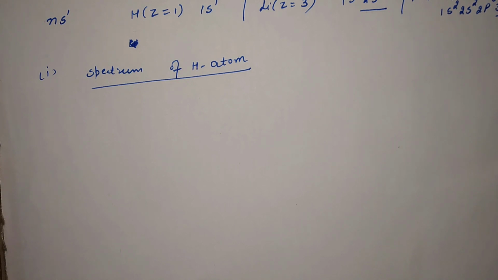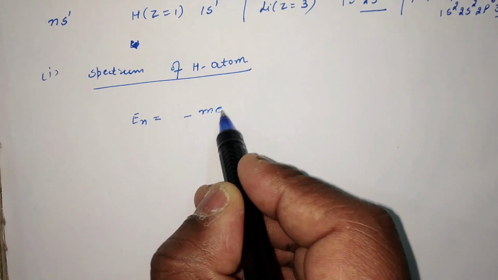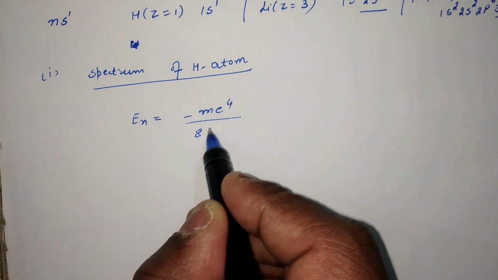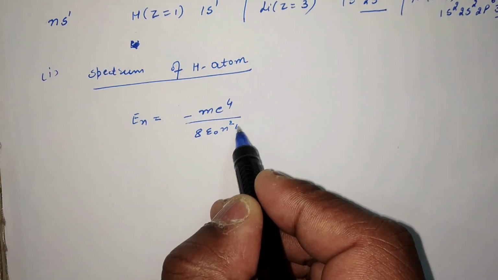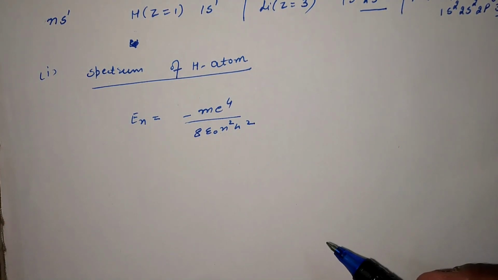Now in this case, the energy is given by minus m e raised to power 4 by 8 epsilon naught squared n square h square. It means that from this formulation we can find out the energy of each shell by substituting the value for n.